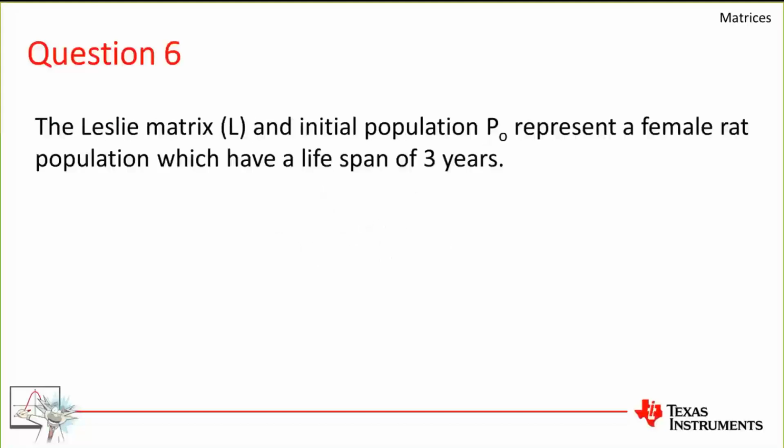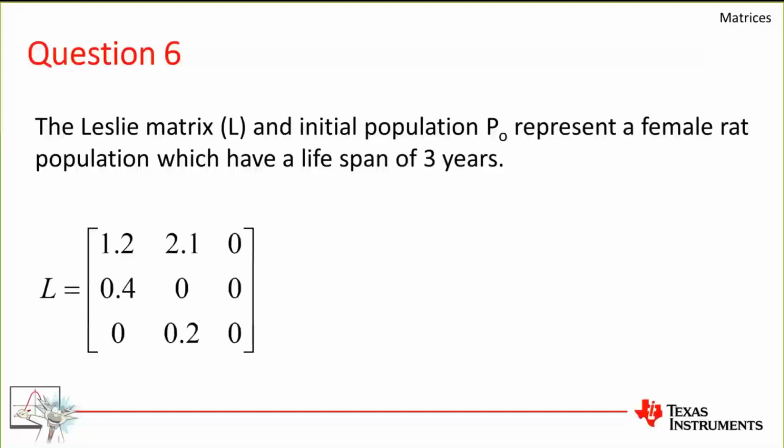And the last question, one on matrices again, Leslie matrix. That initial population, that Leslie matrix L, there it is there. It represents the population of a series of rats, female rats, and the initial, well, that's the transition matrix, sorry, and the initial populations for the rats 10, 6, and 4.